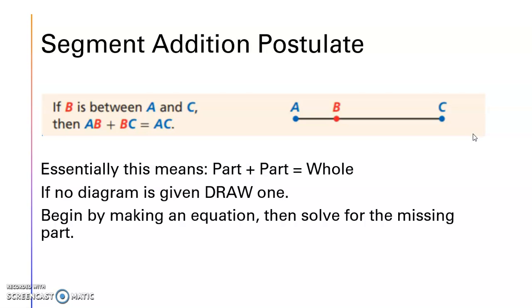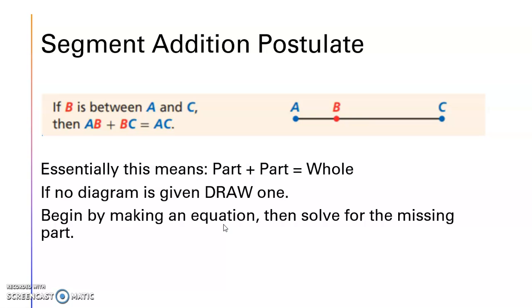Now, there are a few things to remember with this. If they don't give you a diagram, you need to draw one. It's very easy to get confused when they're just giving you letters for the segments. Draw the diagram and it will keep you from making mistakes later. Second, you always want to begin by making an equation.